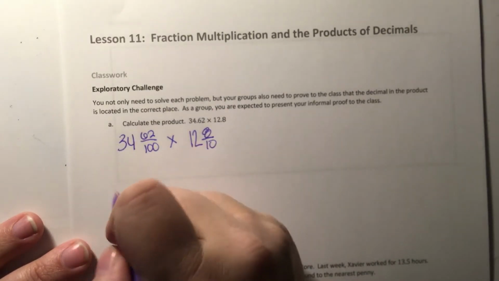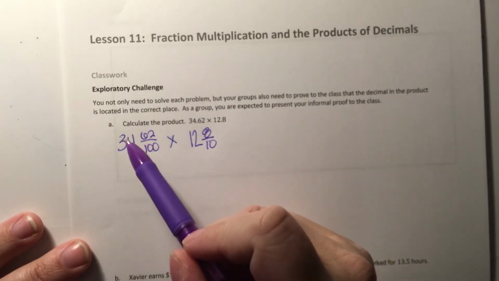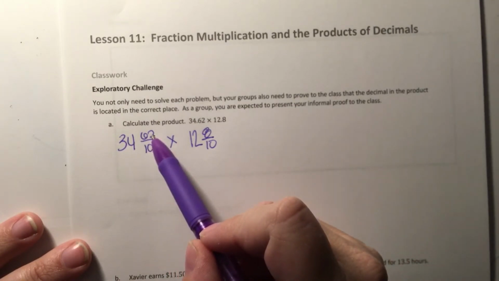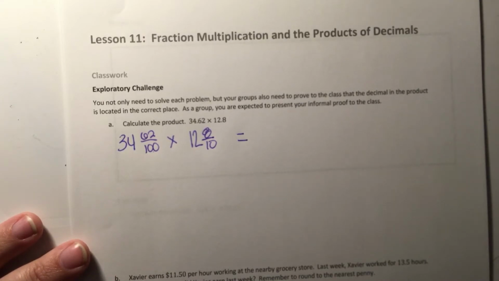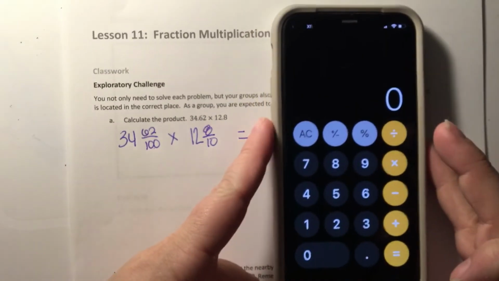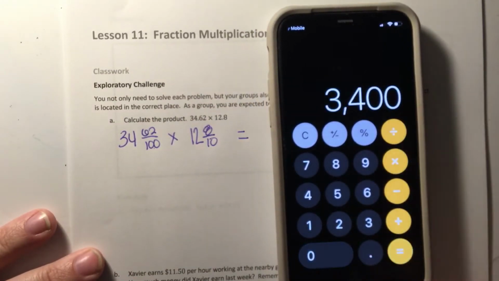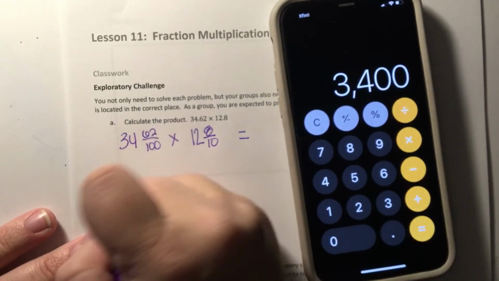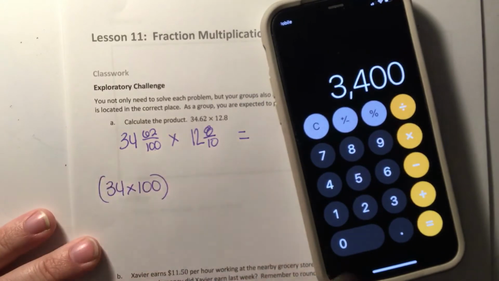So we are going to, remember, multiply the denominator by our whole number and add our numerator, okay? So if we take 34 times 100, I believe that's 3,400. Let's check it out. 34 times 100 is 3,400. Yeah, that's our first step.